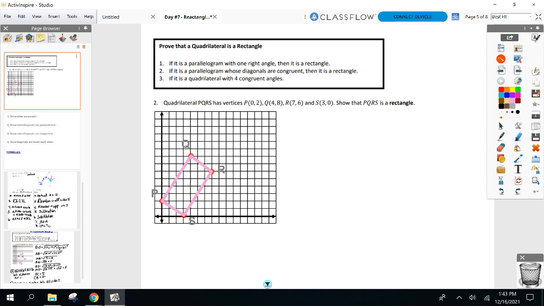Okay, we got them graphed, ready to go. Now, rhombus was easy, just show all four sides congruent. For a rectangle, we got to put in a little bit more work.